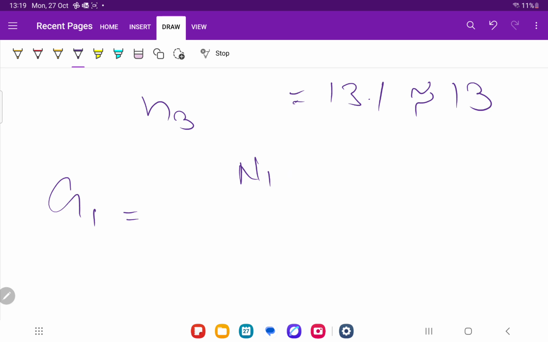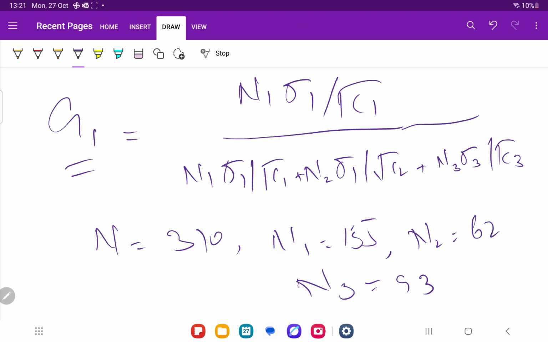You have to find the allocation for each of A1, A2 and A3 by changing the numerator. Because we have already been given sigma 1, sigma 2, sigma 3, C1, C2, C3, you can calculate the allocations by yourself.